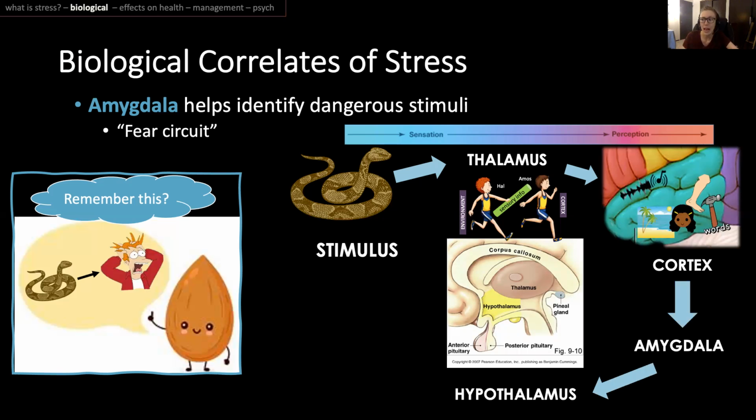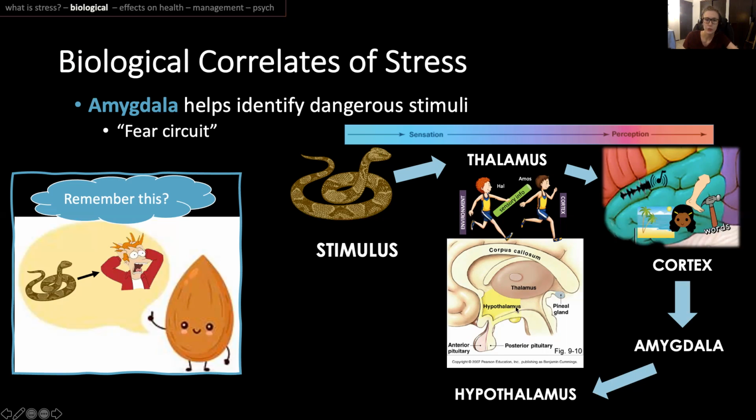So if you remember back, the hypothalamus, the thing that is below the thalamus, this yellow region right here, is in charge of releasing a bunch of hormones. And it does that through these two pituitary glands right below it.